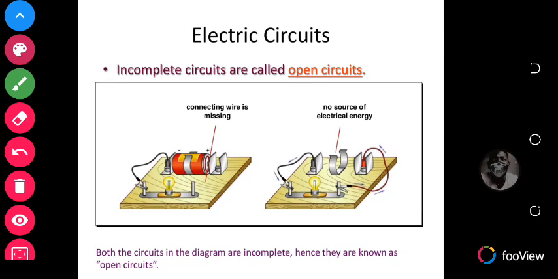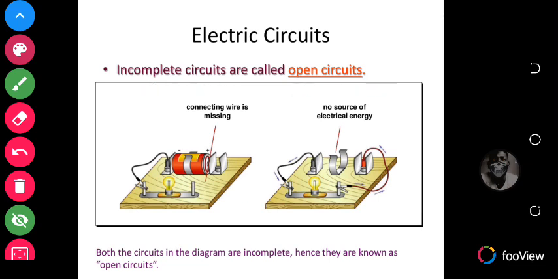Like we mentioned, if there is a connection of wires, battery and lights without any gap, it is called a closed circuit. But once there is a gap, there is an opening. An incomplete circuit is called an open circuit.